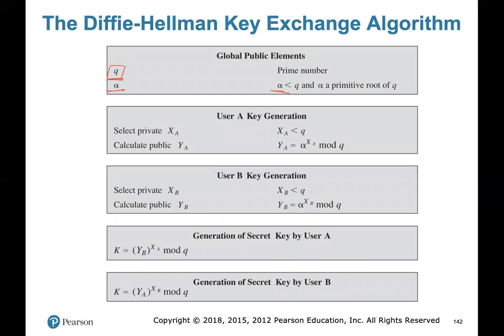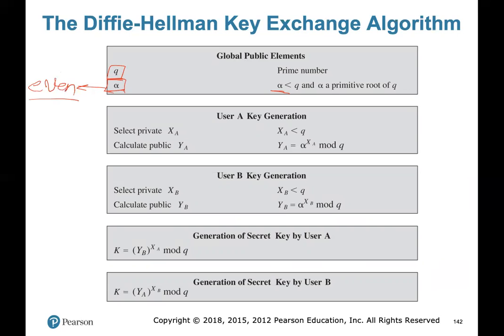Q is the prime number that we start with, and alpha is the primitive root of that q in modulo q. Of course, alpha might be an even number, sometimes it is. So it doesn't mean that it is always odd or prime.